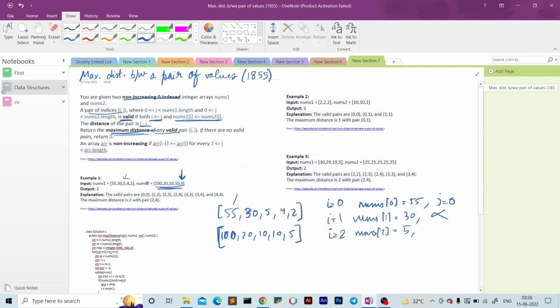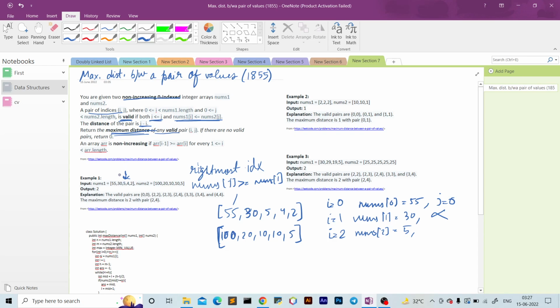So for any given index we want to find the last index, the rightmost index, such that nums2[j] is greater than or equal to nums1[i].